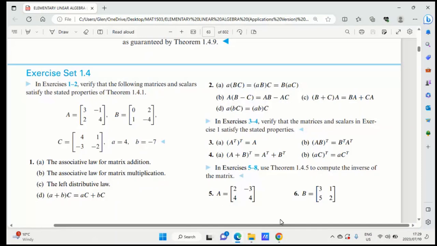Lerato, what are you saying? Yes, sir, it's true. A transpose to the power transpose is equal to A. Are you sure? Yes, I'm sure. Magwena, is it true?